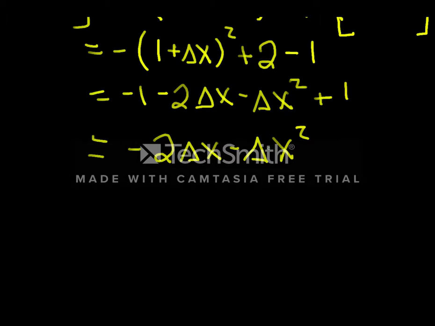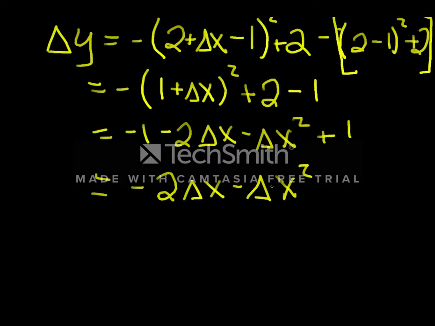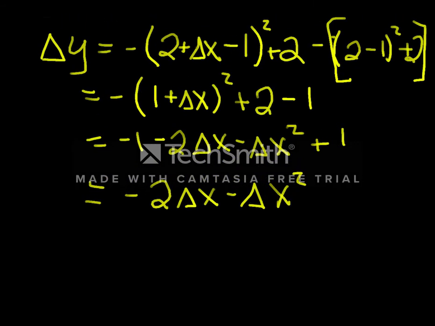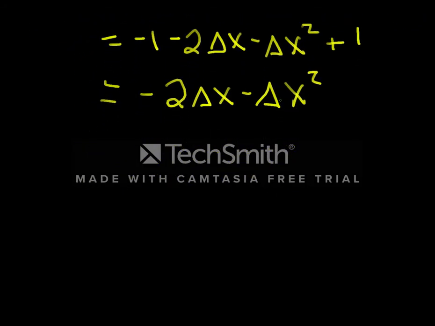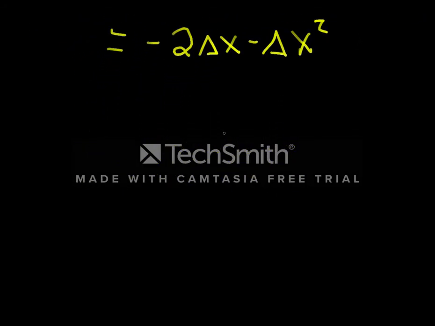So that's what the change in y is, right? That's what we just calculated here. The change in y, if we do this infinitesimal movement of delta x, then y changes this much, negative 2 delta x minus delta x squared. That's the change in y. So then slope will be the standard part of delta y over delta x.